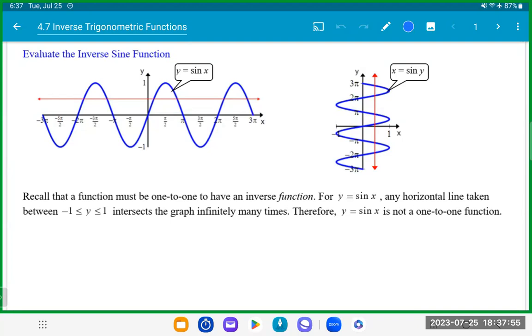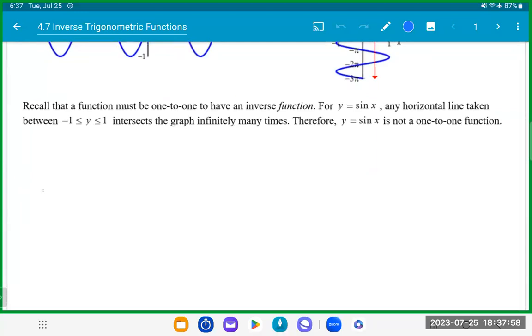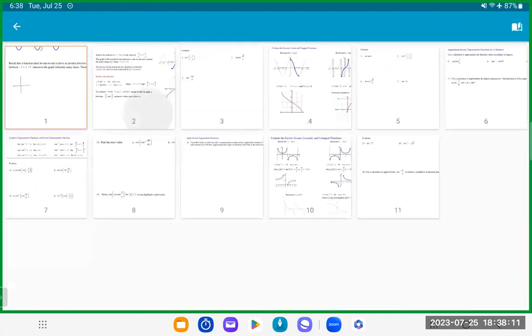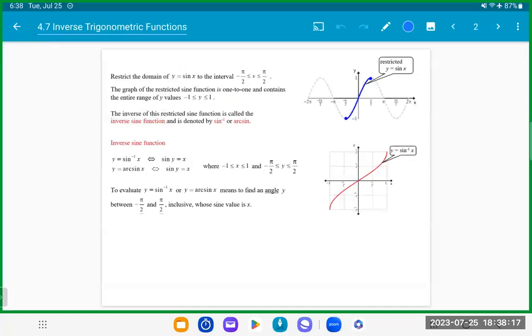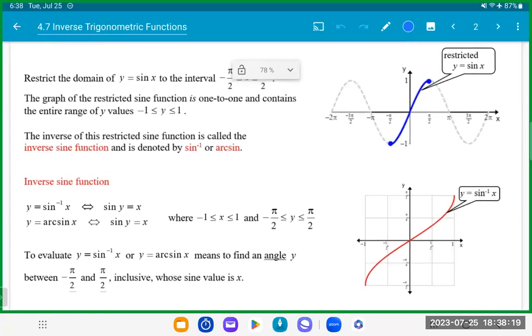What I want to point out here is that when we're looking at our inverses, we have some restrictions, right? Right now, we're just looking at this blue graph up here. If I were to graph a regular old sine, I can go from negative infinity to infinity.